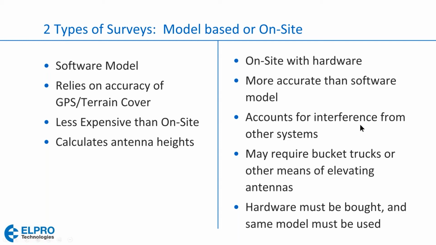The on-site surveys will also account for interference from other systems. So if the radios don't link up because you have too much background noise from another radio system nearby, that will show up in the on-site testing. But of course, the software model does not have the ability to determine interference from other radio systems.